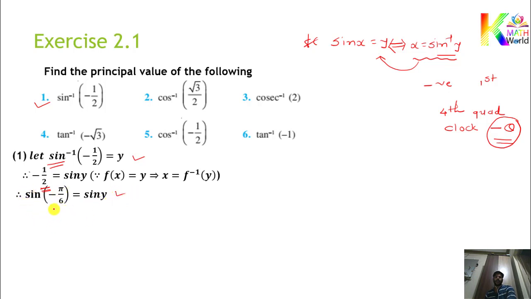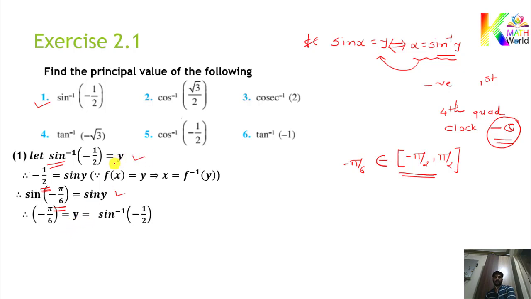Now you can see this minus pi by 6. What is the range for sine inverse? Minus pi by 2 to pi by 2. Minus pi by 6 lies in this range. That's why we can say minus pi by 6 equals y.